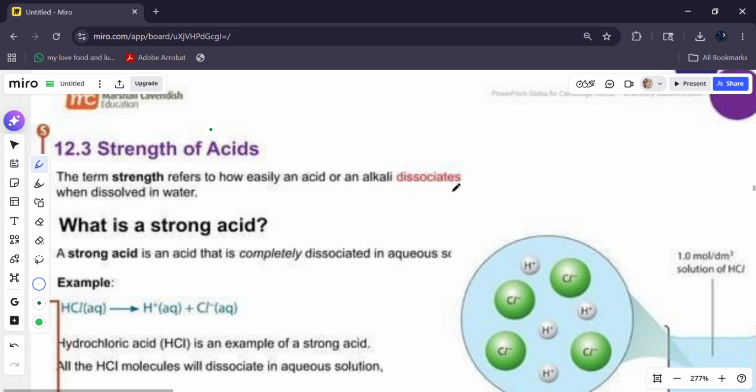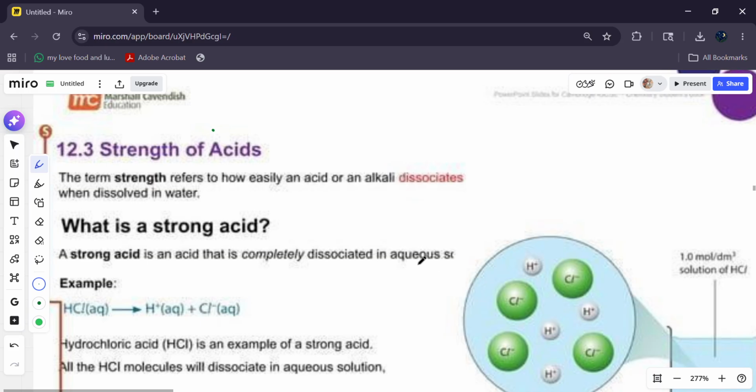Now, what is a strong acid? A strong acid is an acid that completely dissociates in aqueous solutions. That means when you add the acid into the water, all of the acid molecules will dissociate in an aqueous solution.